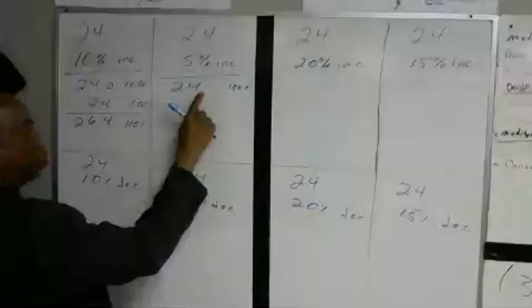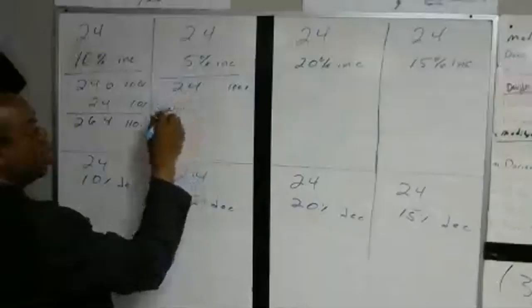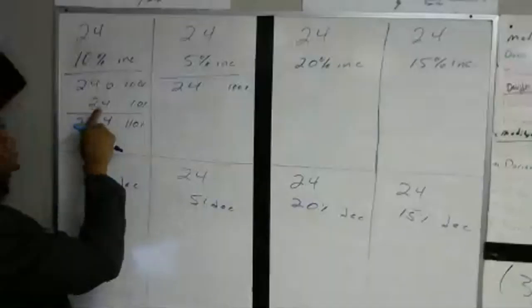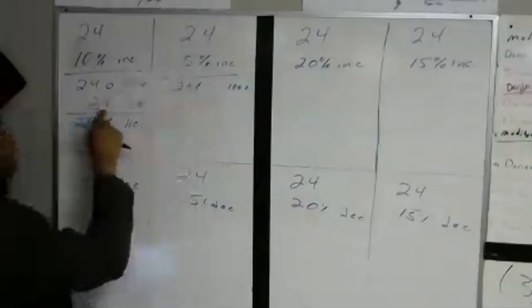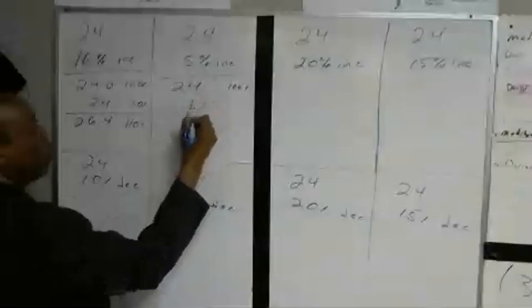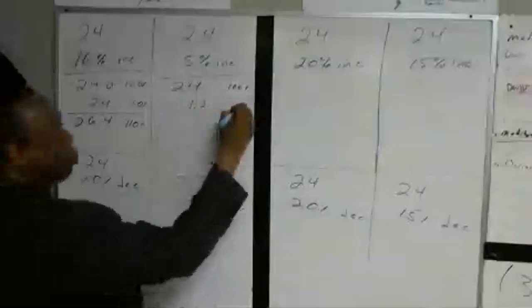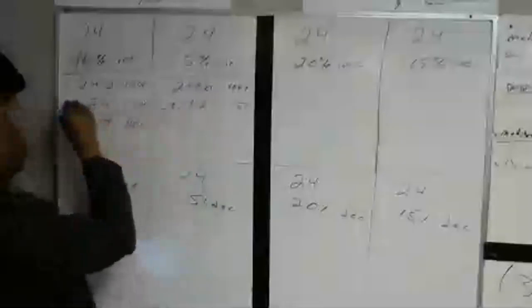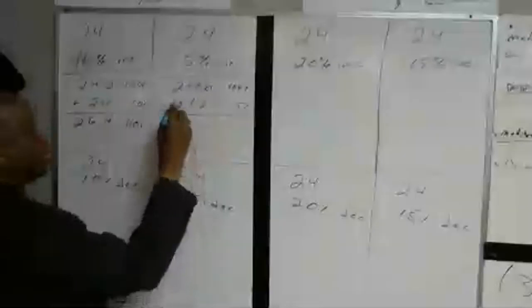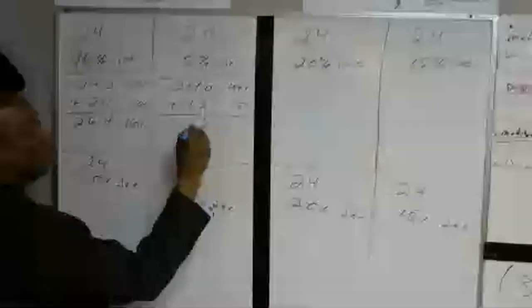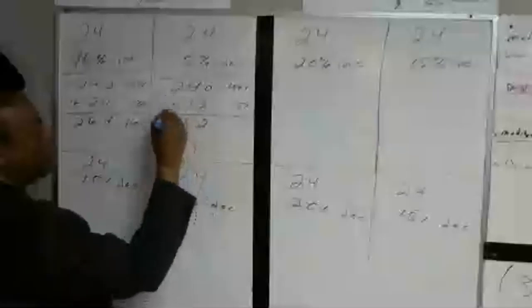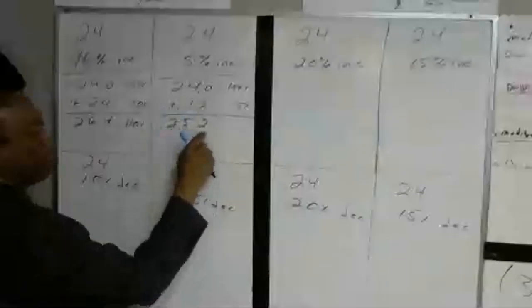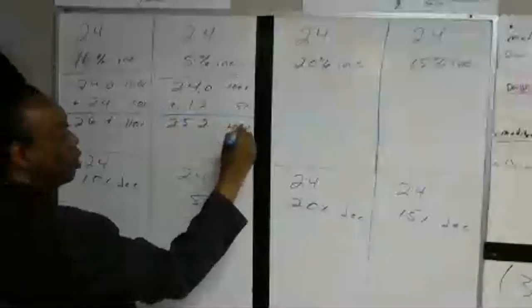Move the decimal from here to here, and that will represent 10%, equals 2.4. 5% will be half of 10%, so it'll be 1.2. That's 5%. We add our decimal, 0 there, and we begin to add. And this adds up to 2.5 and 2. Okay, so 25.2, and this represents 105%.